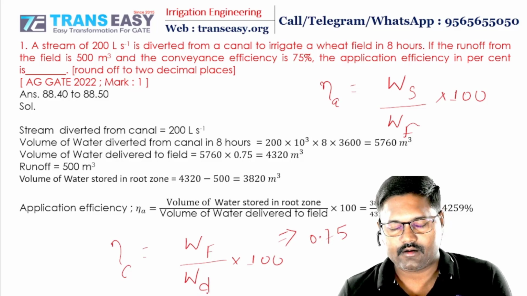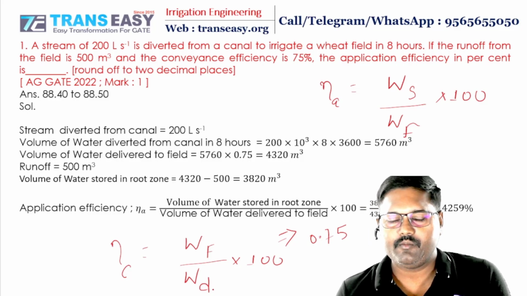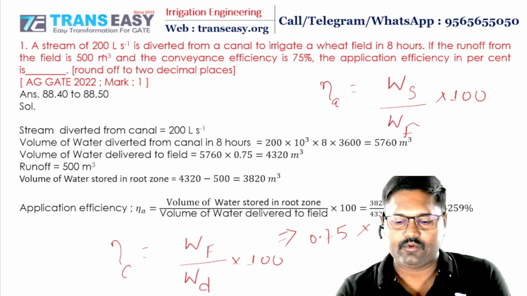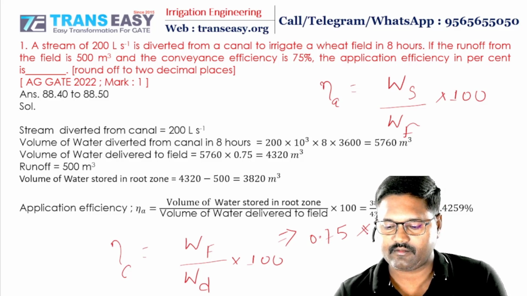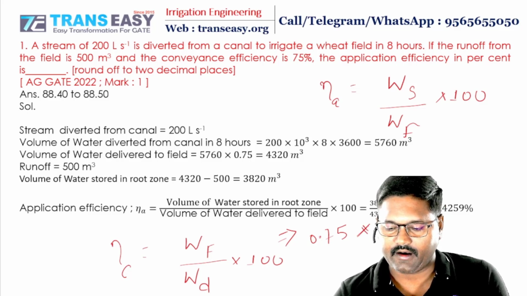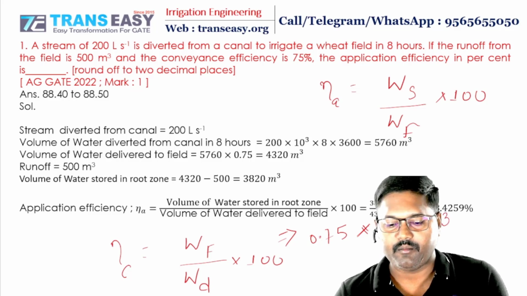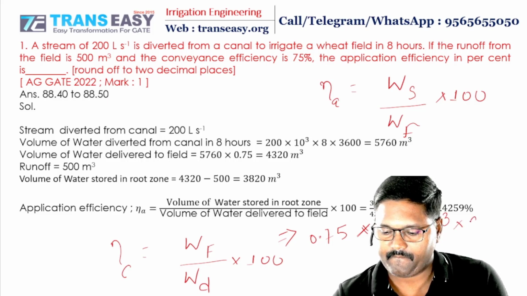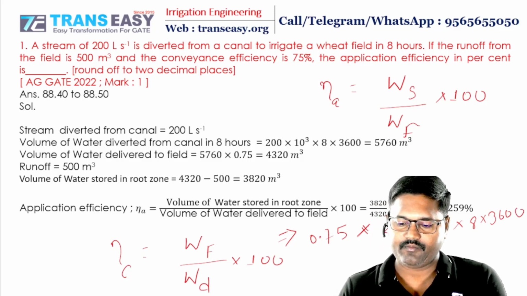Amount of water diverted to canal: a stream of 200 liter per second is diverted from a canal to irrigate a wheat field in 8 hours. 200 liter means 10 raised to the power minus 3 meter cube, in 8 into 3600 second.